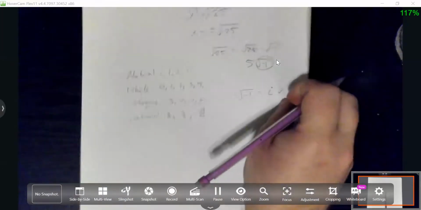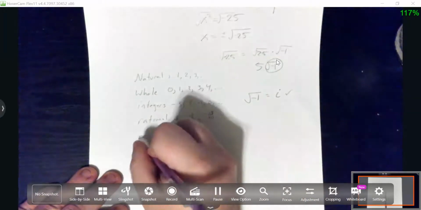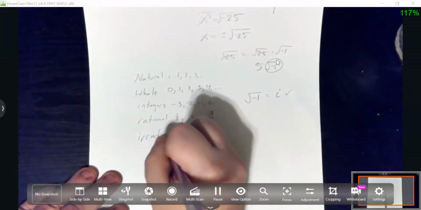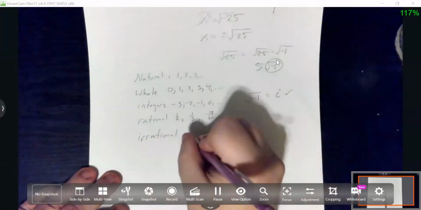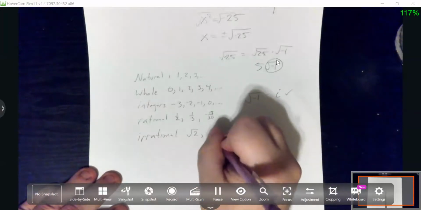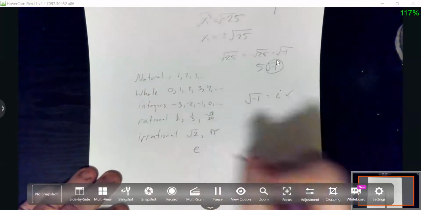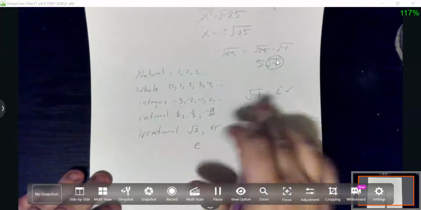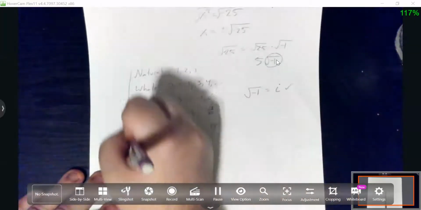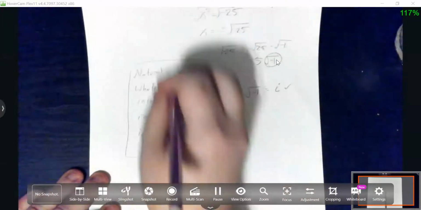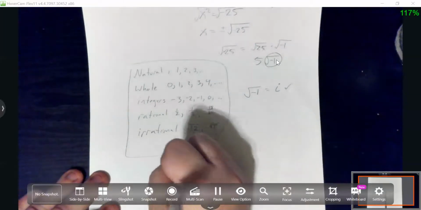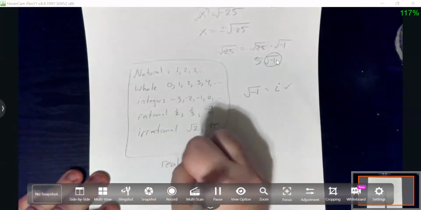Then we added in numbers that can't be written as fractions. These are irrational. So these are numbers like square root 2 or pi, or later on this year, we'll deal with a number called e. So these are all irrational. If we put all of these together, all of them make up what we consider the real numbers.